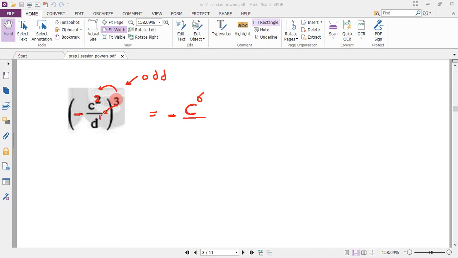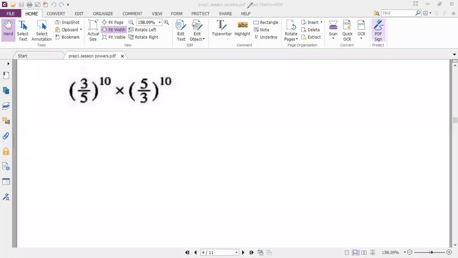D is raised to the power of 1. And raised to the power of 3 also, because this power here, 3, is distributed on the top and the bottom. So it's d, and 1 times 3 equals what? 3. It will be negative c raised to the power of 6 divided by d raised to the power of 3.